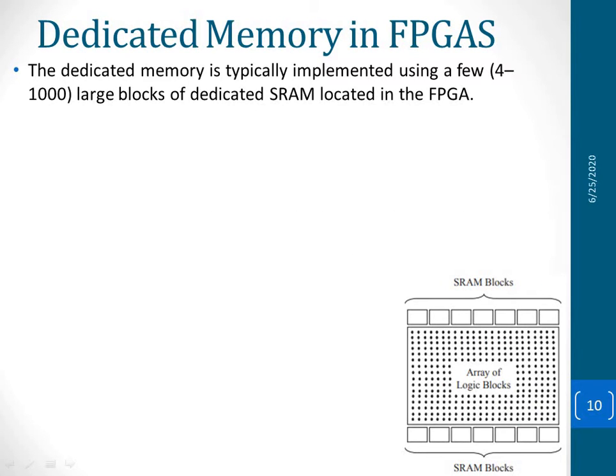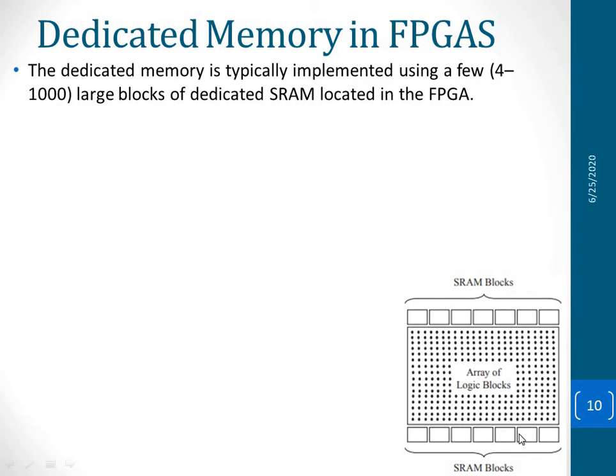The dedicated memory is typically implemented using a few to a thousand large blocks of dedicated SRAMs located in the FPGA. You can see these are the SRAM cells. Like in the lookup table based method, I showed you that when it looks into the contents of the elements which are stored, each element is a 1-bit storage element.